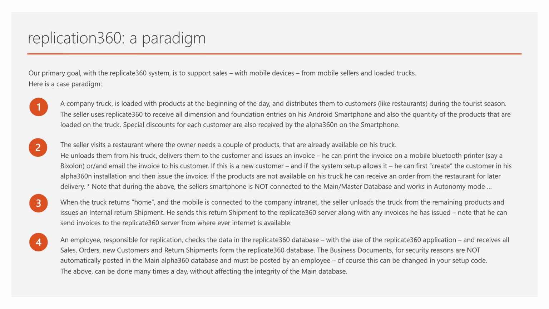Special discounts for each customer are also received by the alpha360N on the smartphone. We are assuming here that the seller has Android mobile devices, and on these devices he has installed the alpha360N software.